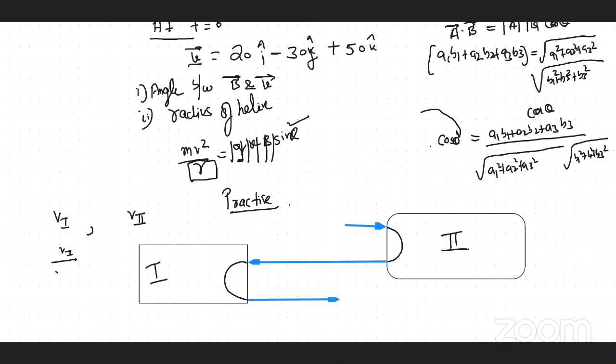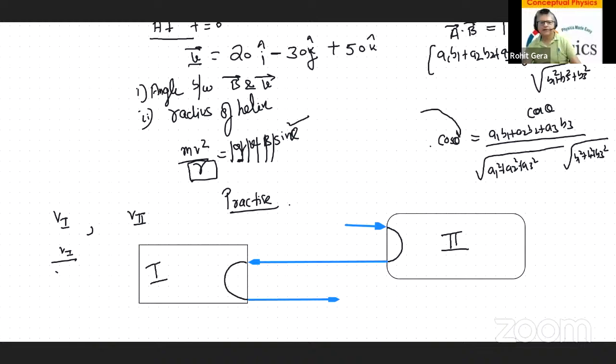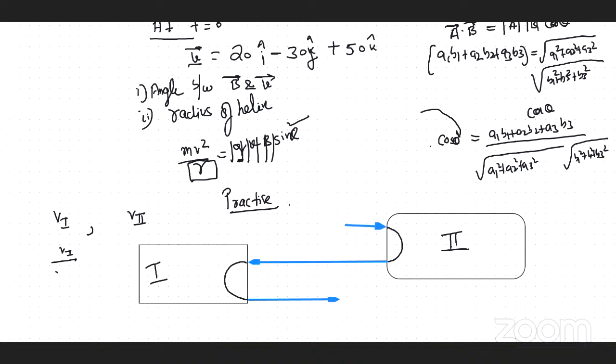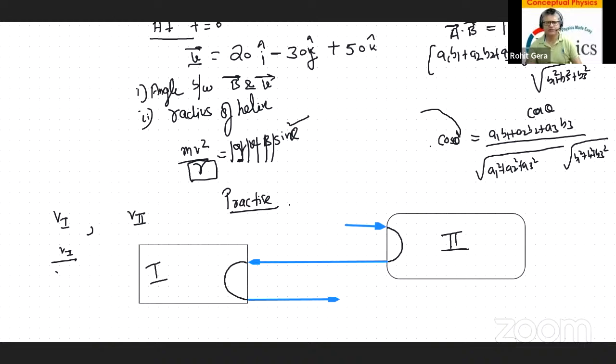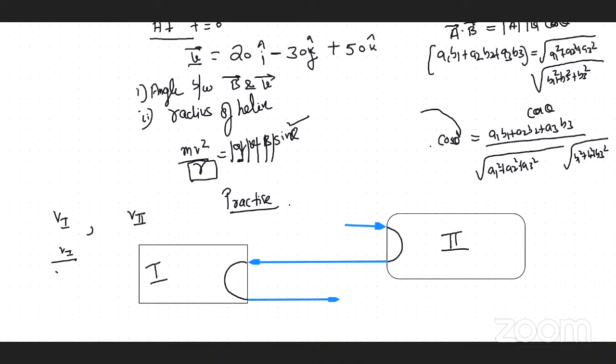It is given that, as you can see, the circle is in the same plane. The magnetic fields are perpendicular to the plane, meaning into the page. Same charge. It went all the way around and came out.